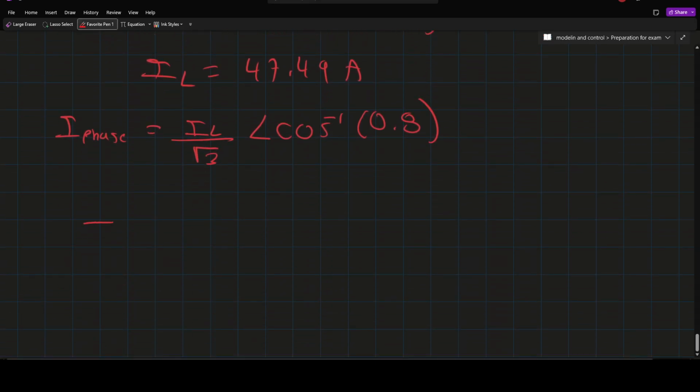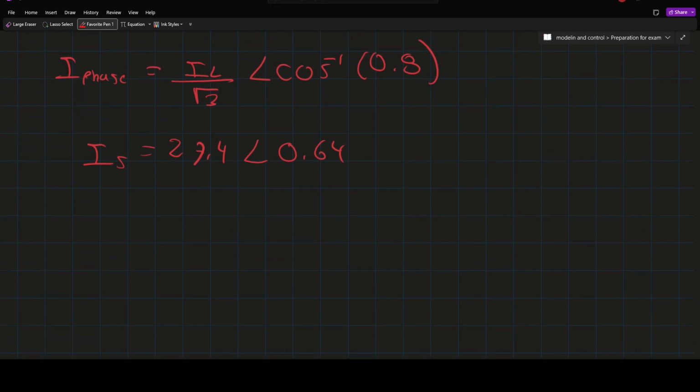So we have the phase current, I'm going to call it IA because it's what I'm used to. So 27.4 at an angle of 0.64 radians. Always be careful with the angle, whether you are working in radians or in degrees. If you are working in degrees, make sure to put the degree angle. Okay?